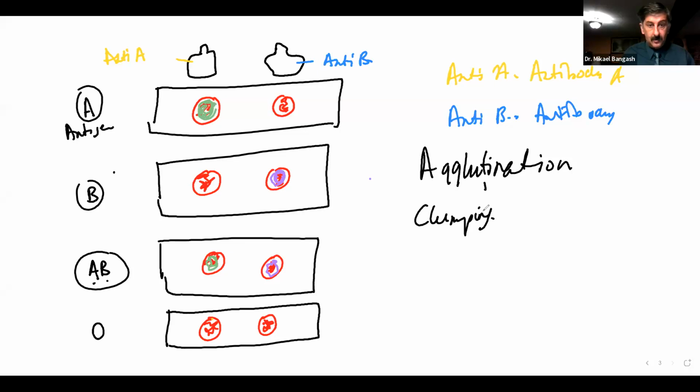So what we mainly see here as the reactions of the blood is what we call agglutination. It's just a term for clumping.